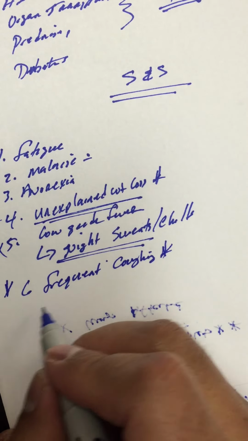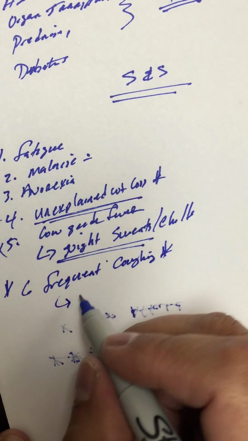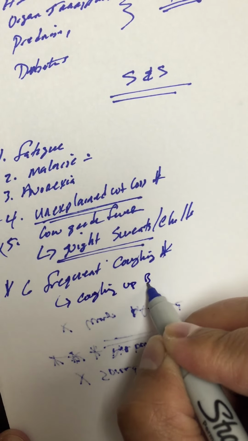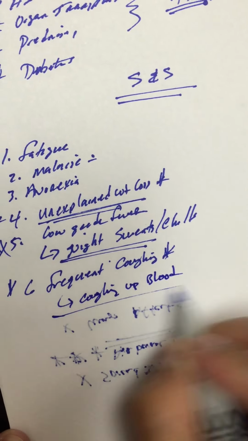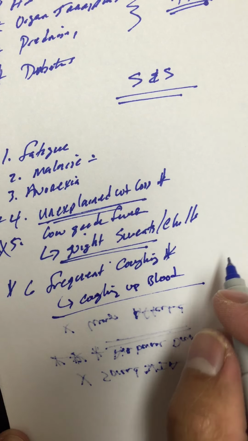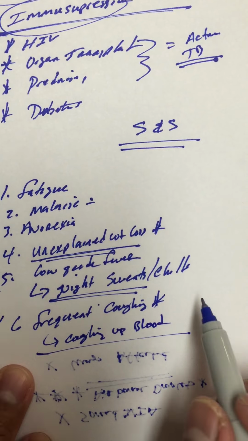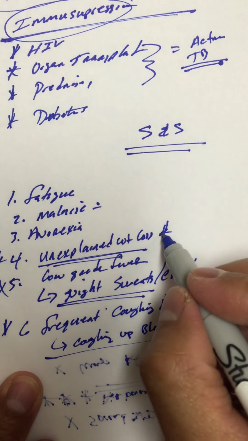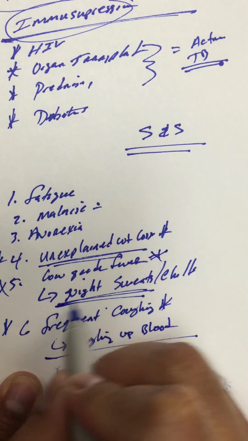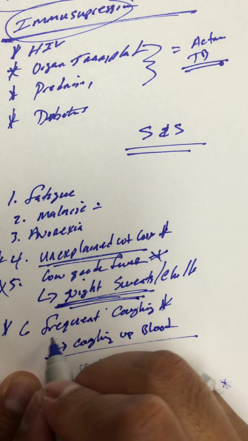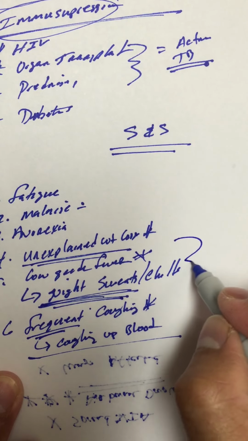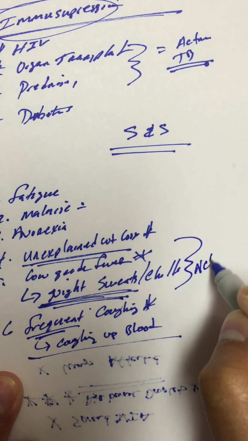In some cases, you may have a patient coughing up blood as well. Okay, so the main ones you want to focus on are an unexplained weight loss, low-grade fever with night sweats, and frequent coughing. Okay, so make sure you know these for the NCLEX.